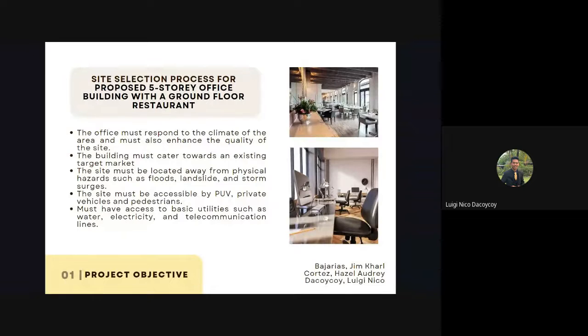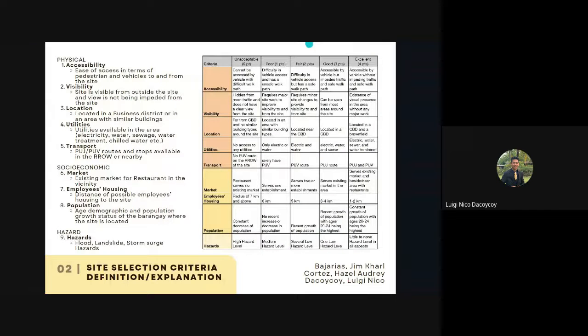So for the next slide. Good afternoon. For our site selection criteria, we divided it into 3 categories: physical, socio-economic, and hazard.